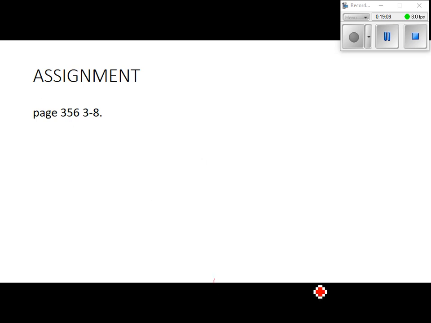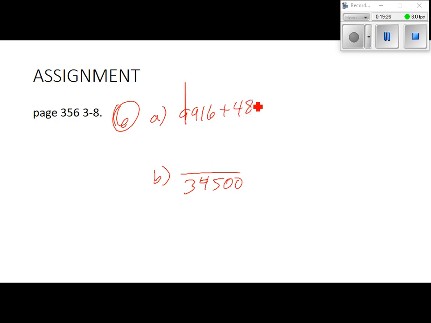We good on that one? Number 6. Liz Nolan drove 34,500 miles last year. The total fixed cost was 9,916, and the variable cost was 4,897. A is 14,813. You're going to divide that by what? 34,500, is that what you said?